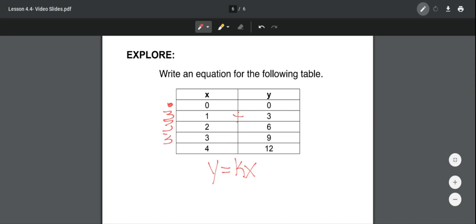And 12 divided by 4 is 3. Therefore, k is equal to 3, and our equation is therefore y equals 3x.